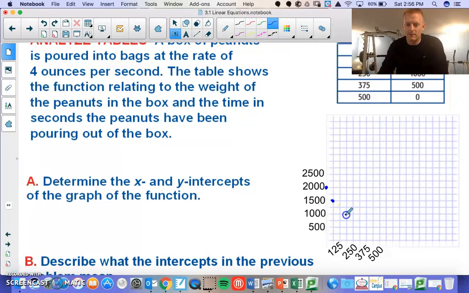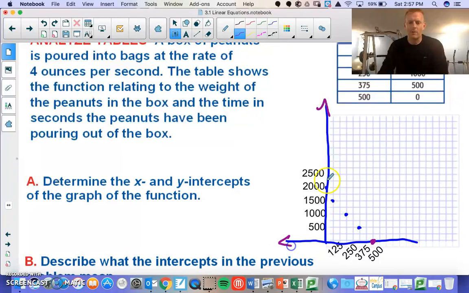Did I do that right? Yep, kind of. And then at 375, here we are at 500. That's right there. And then over here at 500, we're at 0. Now imagine that this is the y-axis, and this is my x-axis. So we're only looking at quadrant number 1 right now. We'll make this dot a little bit bigger.